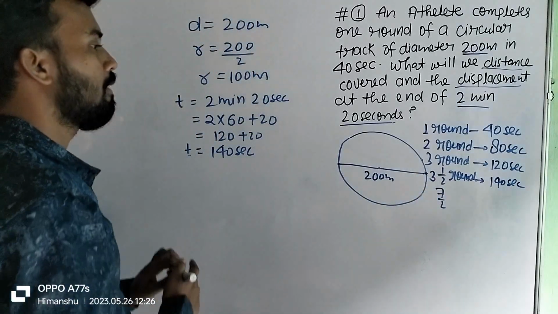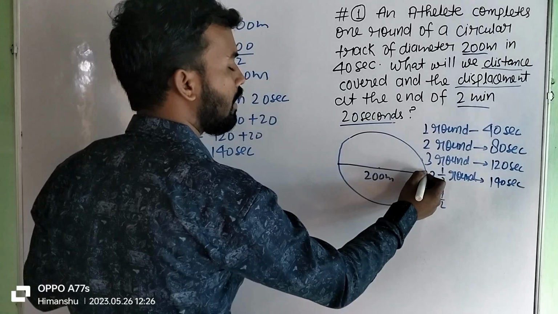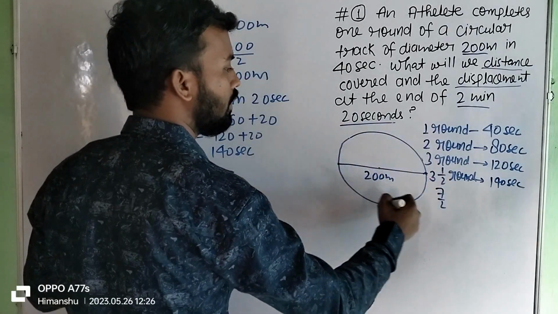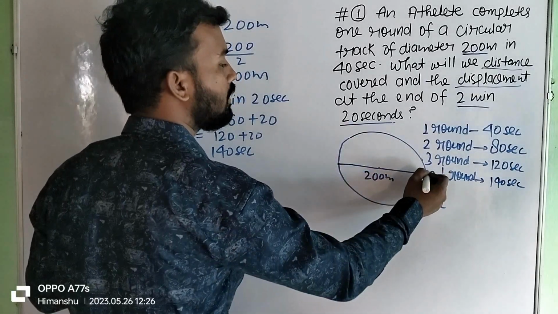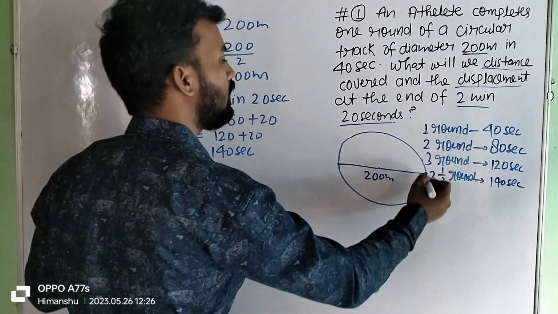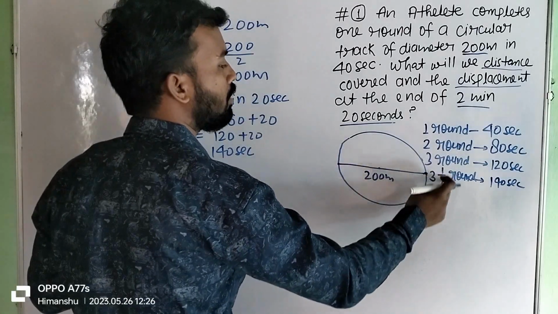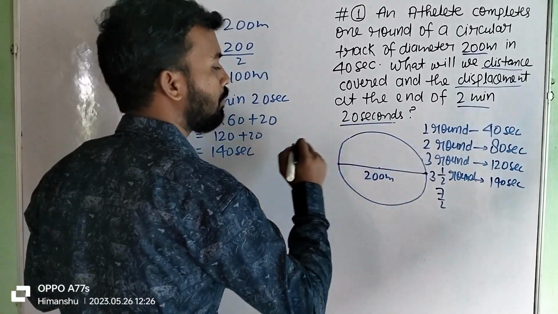See here, if the athlete starts from this point and runs around this circular track, after one round he will reach this point, after the second round he will reach this point only, after the third round he will reach this point only. But we have to move 3 and 1 by 2 rounds, so if you move half round again, we will reach this point.